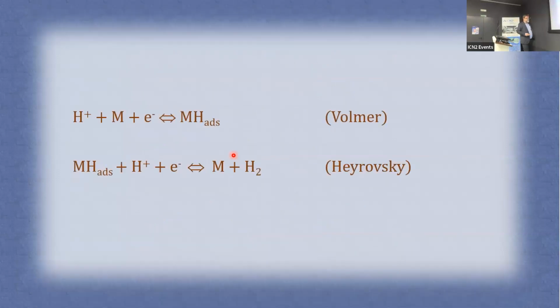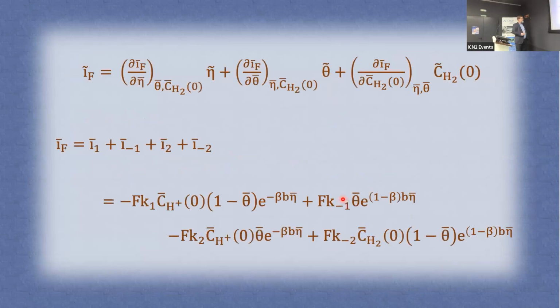We have considered for the hydrogen evolution reaction two steps, the Volmer and Heyrovsky steps. So we have done the expansion of the oscillatory Faraday current density as a function of overpotential, surface coverage degree, and the oscillatory hydrogen concentration at the surface.